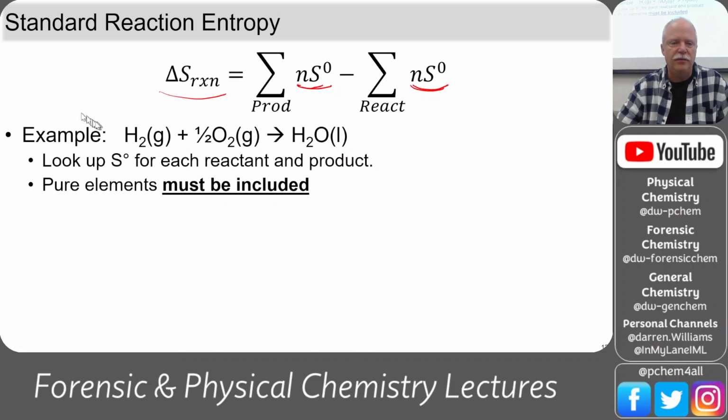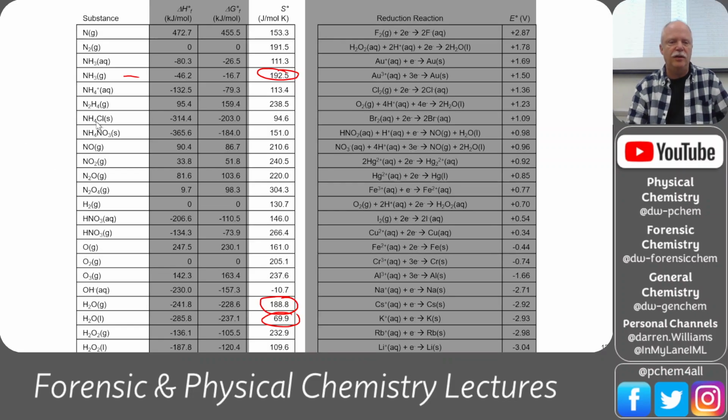Now, one thing that's different than those others, if you'll notice, the columns are gray because we haven't talked about them, but let's take hydrogen gas here. The definitions for the enthalpy and Gibbs energy of formation are that it's 0 by definition for the elements in their standard states at 1 atmosphere and room temperature.